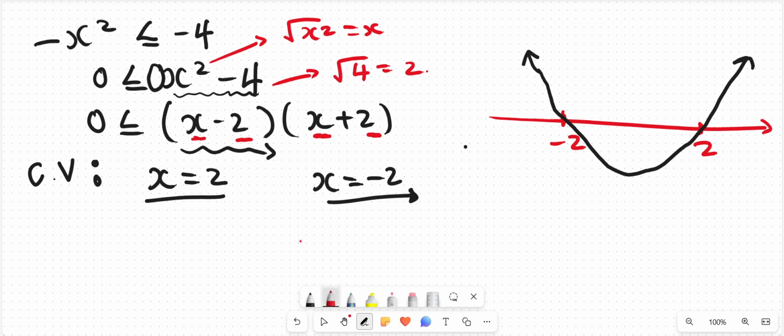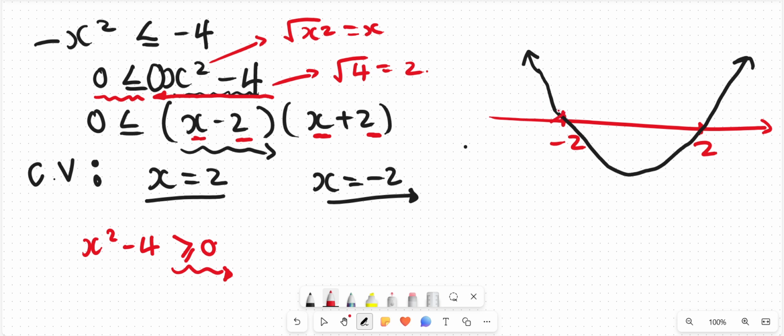When you're looking at it from the perspective of the equation, he's saying the equation is greater than 0. So if the equation is greater than 0, then where am I looking? I'm looking above my x-axis. Remember, if you had it the other way around, it would be x squared minus 4 greater than 0. So this one is telling me I need to look above.